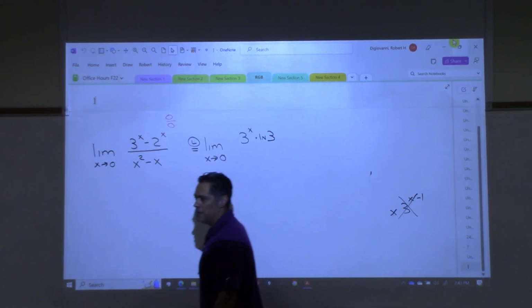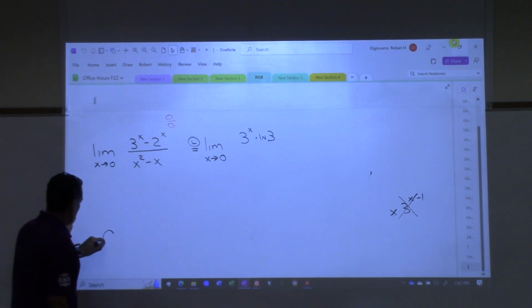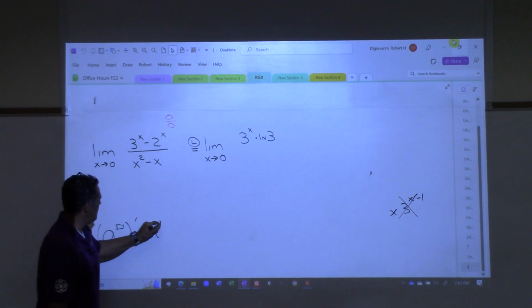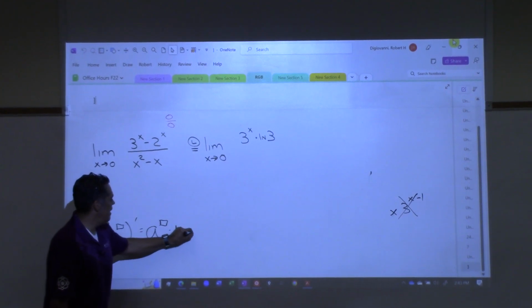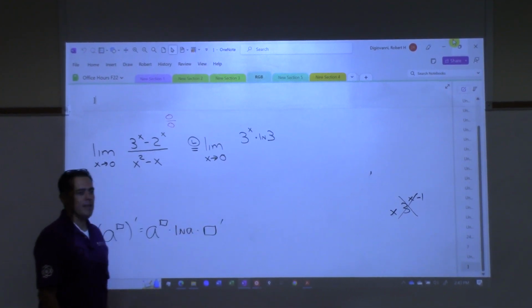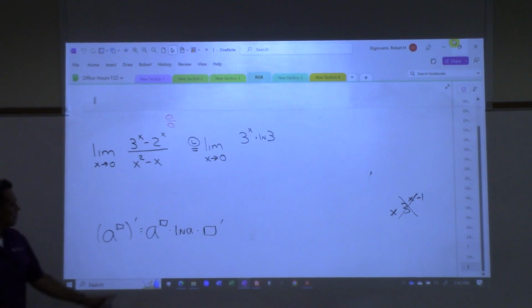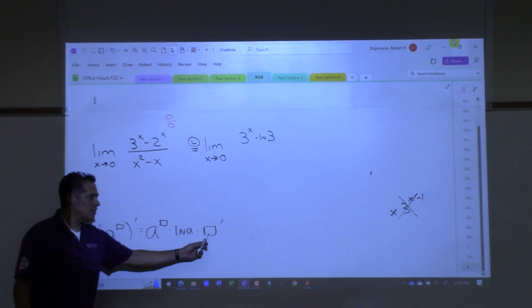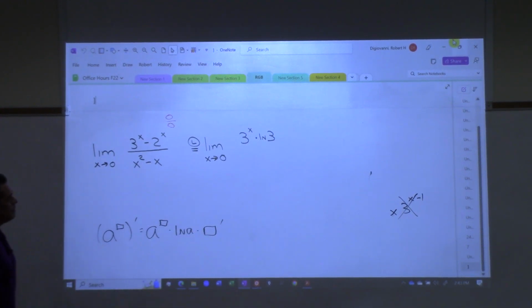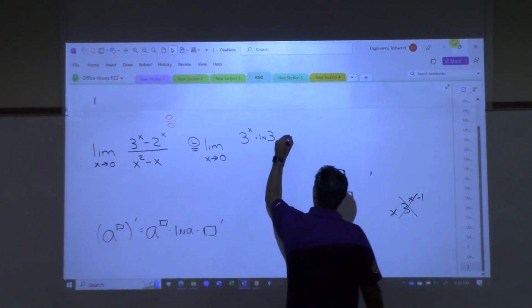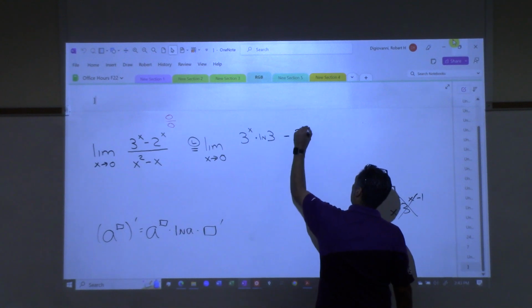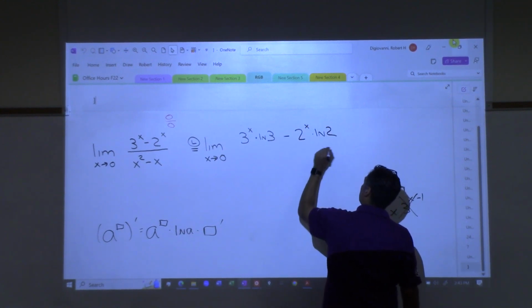I'm using that a to the box: the derivative of a to the box is itself times natural log of a times the derivative of the box. The box here is x. So it's 3 to the x, natural log 3, times the derivative of x, which is just 1. Y'all good? Okay, minus the derivative of 2 to the x, which is itself times natural log 2.